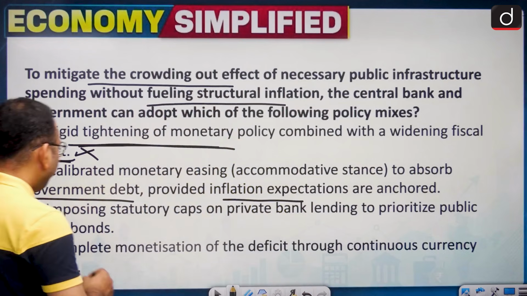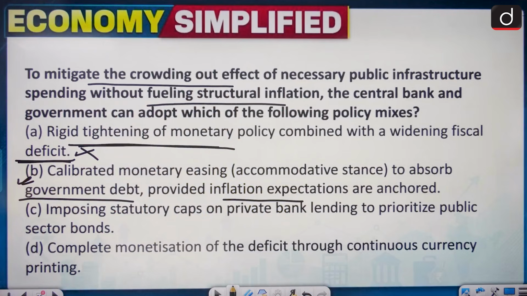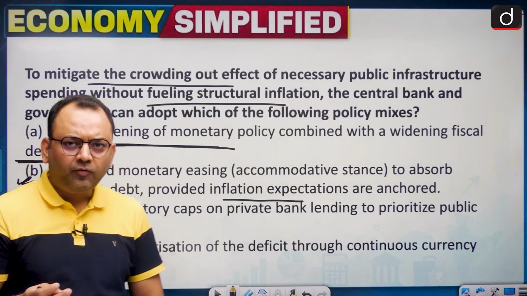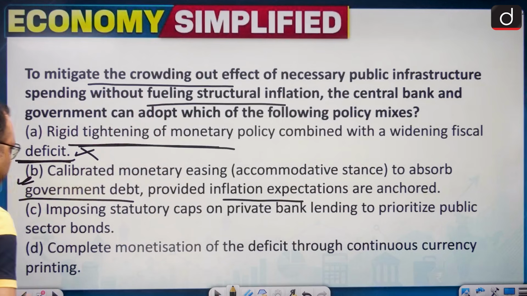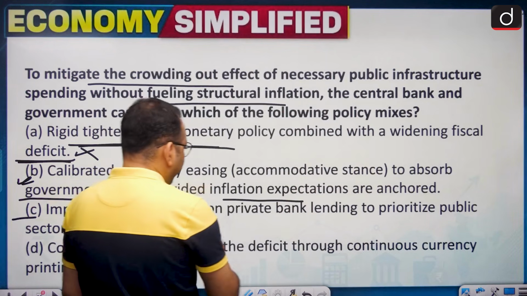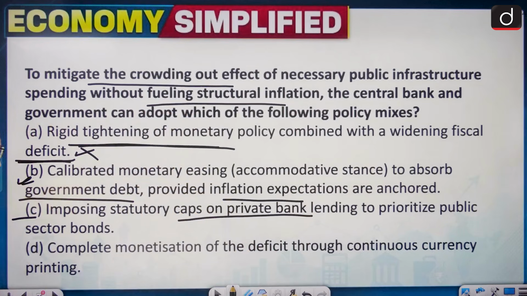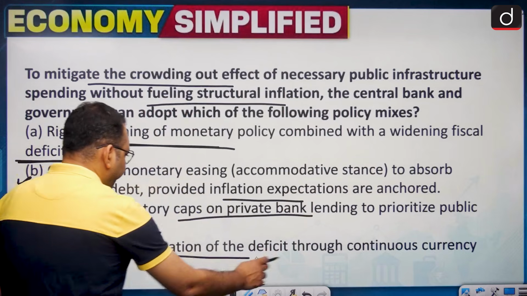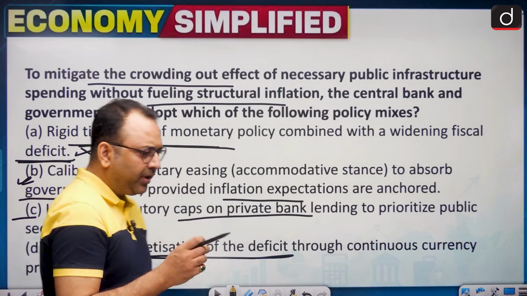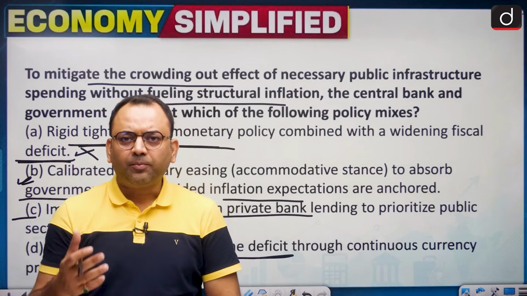So this looks okay, because this is a way which can be used by RBI to fund money in the economy. Now, there is no rightness in the statement imposing any cap on the private lending. We cannot impose a cap on the lending, right? And it's not the complete monetization of deficit. The deficit being monetized means the new notes are printed.